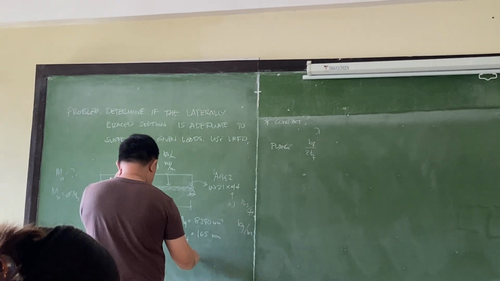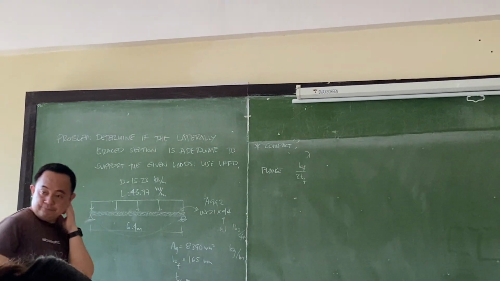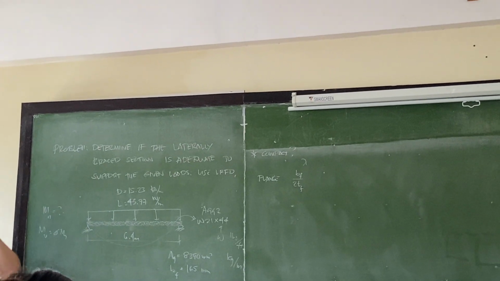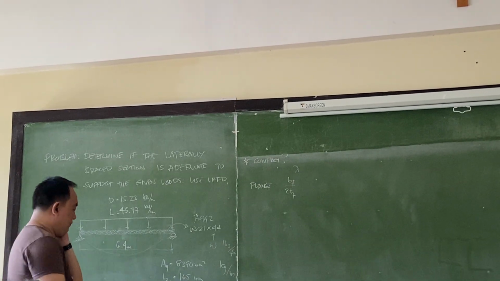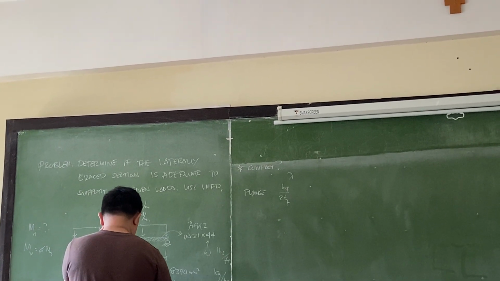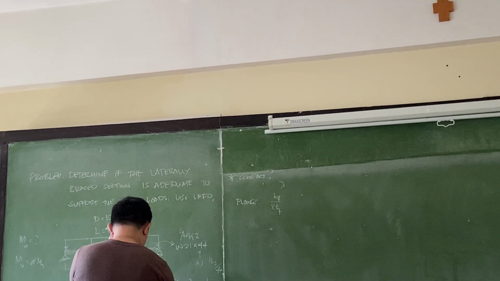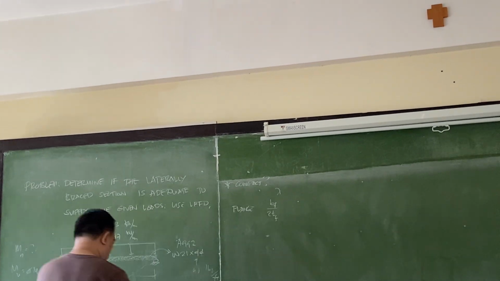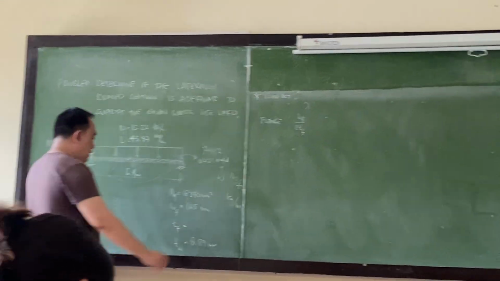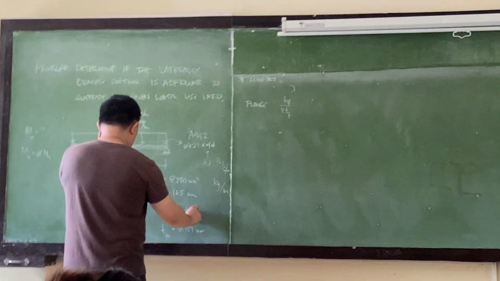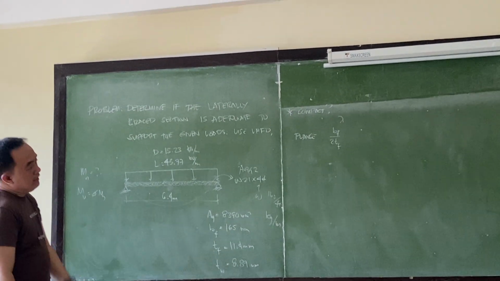Thickness of flange or thickness of web? The tw is 8.89 mm. How about for tf? 11.4 millimeters.